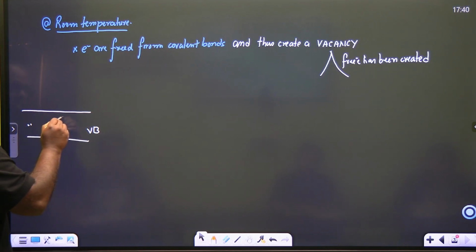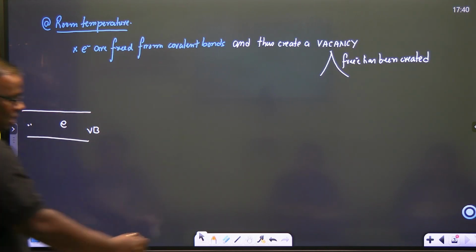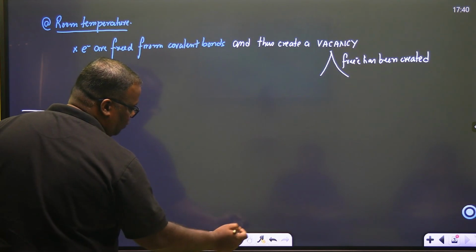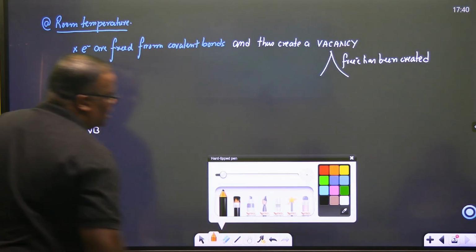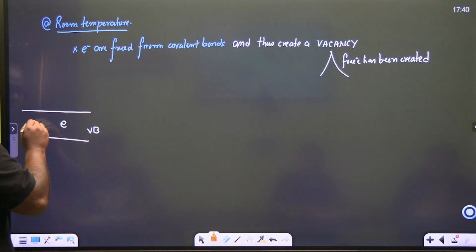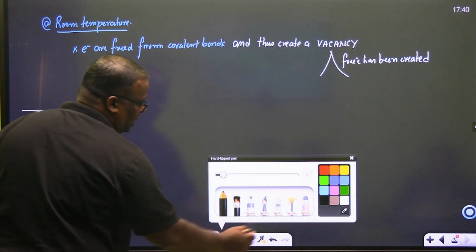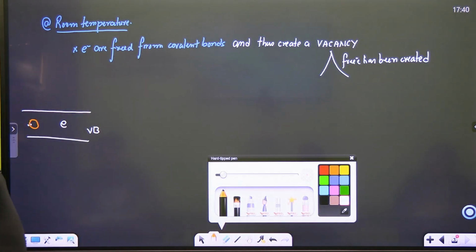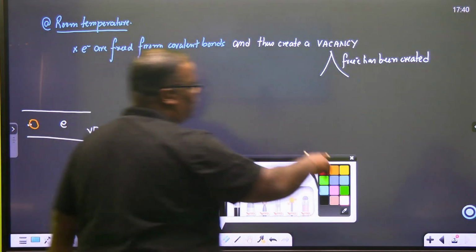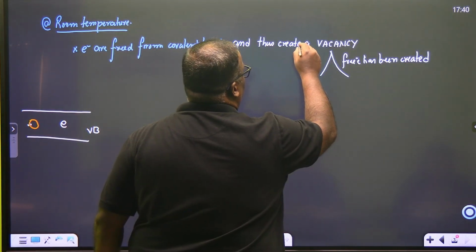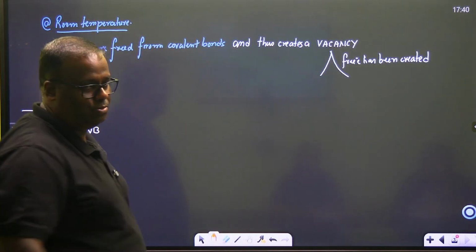Once you have made it free, the first thing you need to understand is that as soon as it is free, it has created a vacancy at its original slot. That is what I have written, and thus creates a vacancy. A free electron has been created.